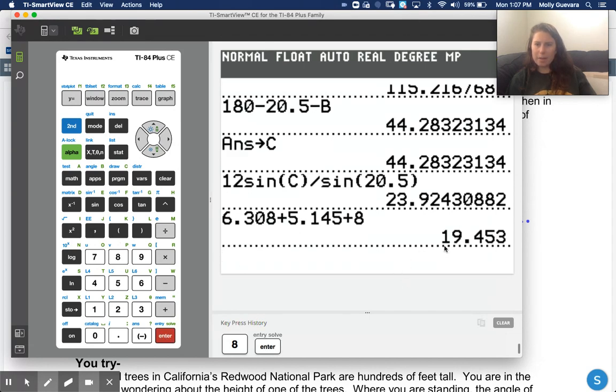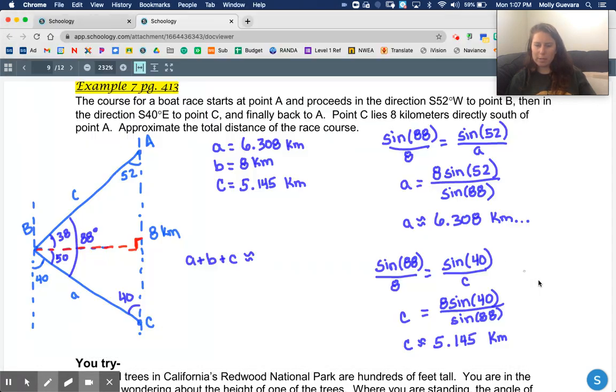And I get about 19.453. 19.453 kilometers is the distance of the whole race.